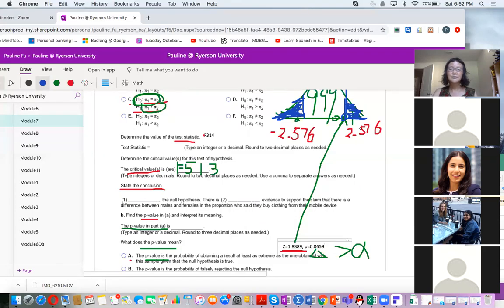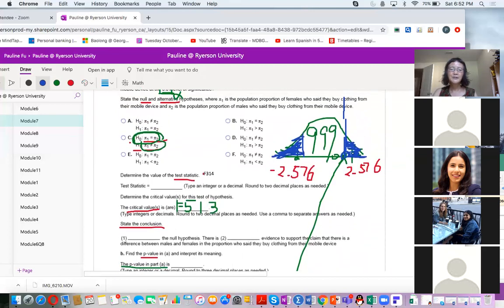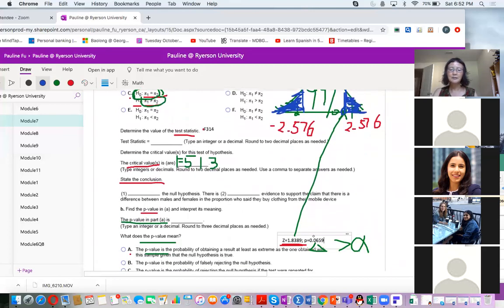So you conclude do not reject H0, means two populations are the same. Method 2, p-value method. You compare p-value with alpha. When p-value greater than alpha, do not reject H0. Conclude two population proportions are the same. Okay. Any questions?